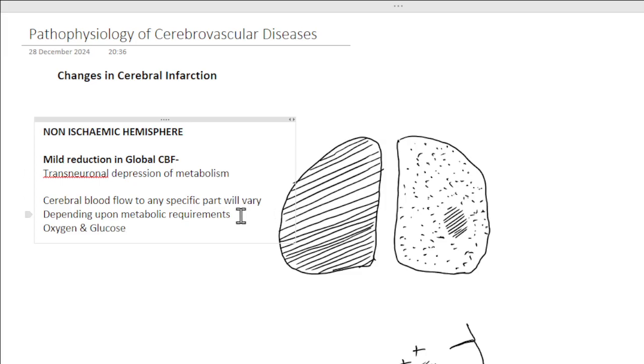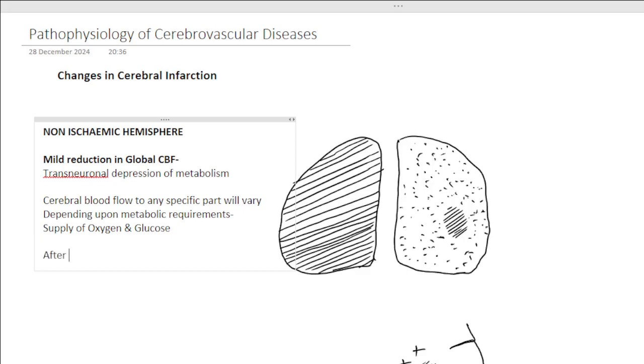Oxygen, glucose and water, these three things are utmost important for the brain. So the supply of oxygen and glucose to a particular part is very, very important and is coupled to the tissue needs.